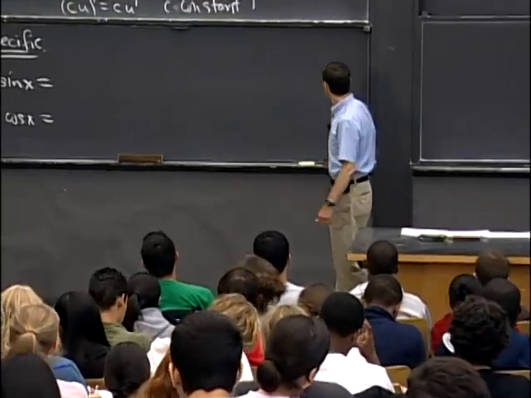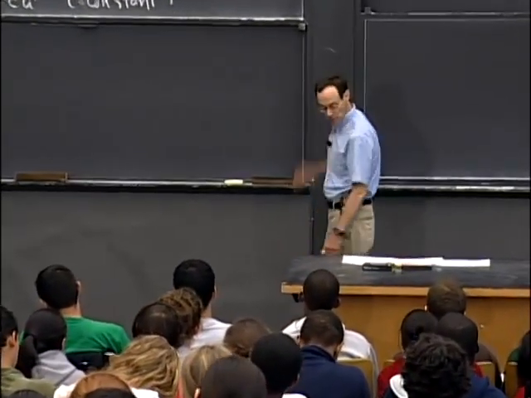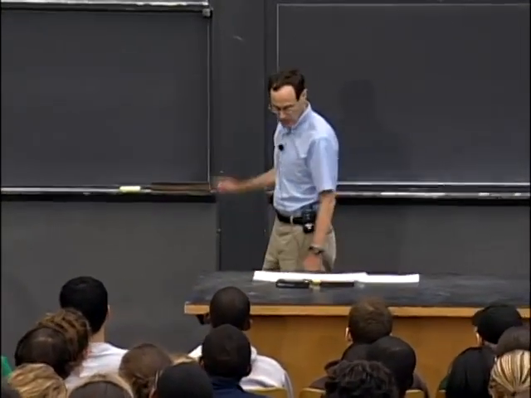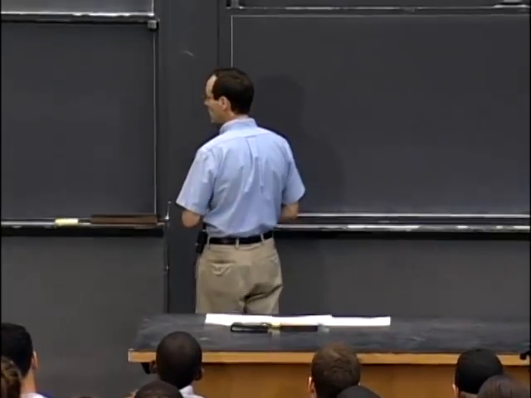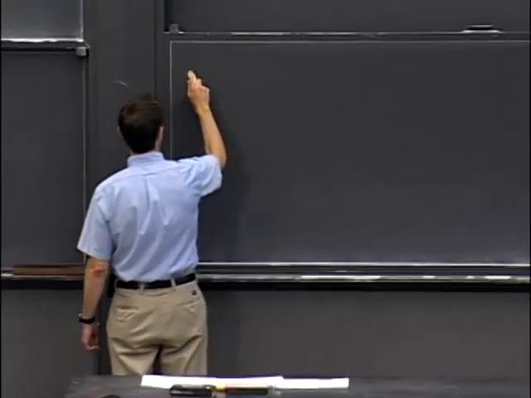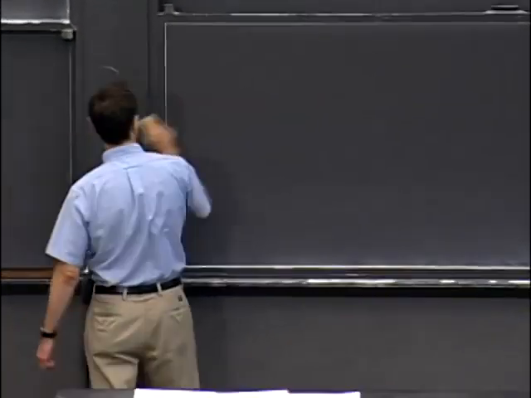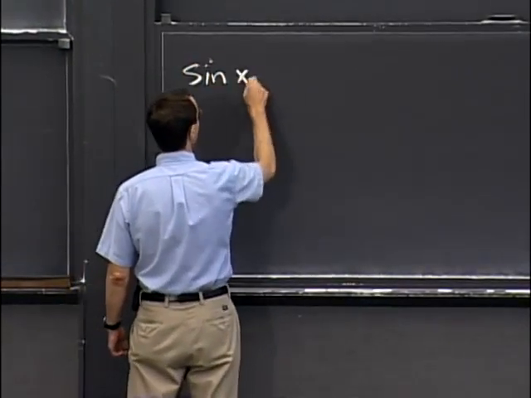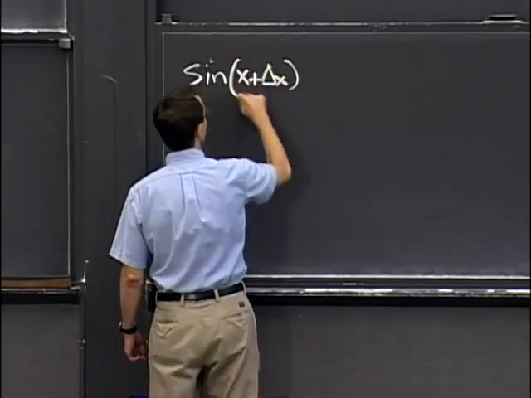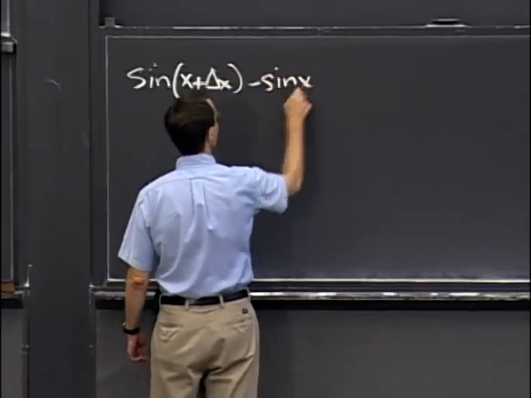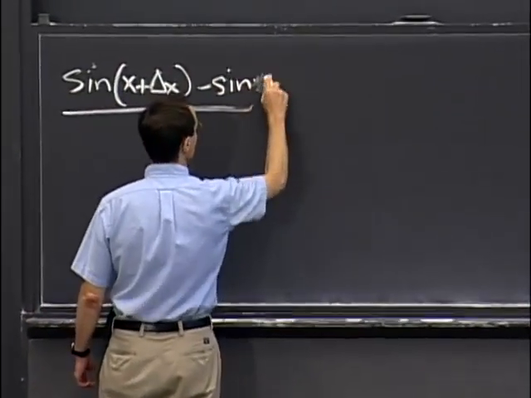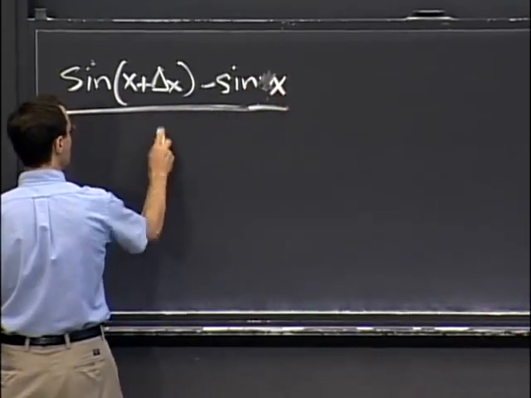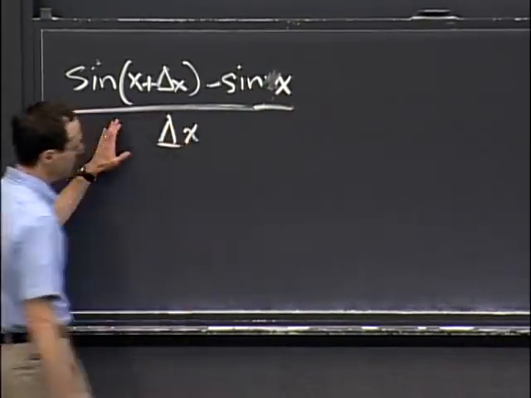All right, so in order to calculate these, I'm going to start over here and just start the calculation. So here we go. Let's check what happens with the sine function. So I take sine x plus delta x. I subtract sine x, and I divide by delta x.